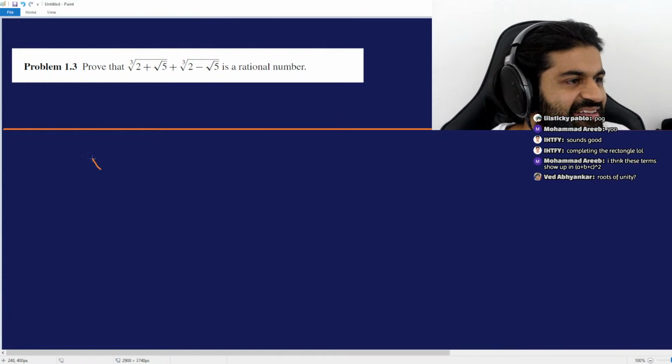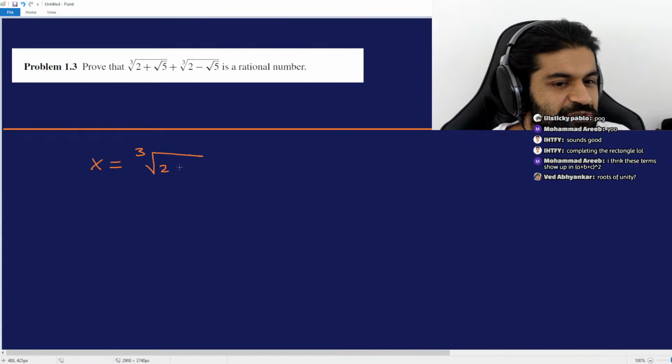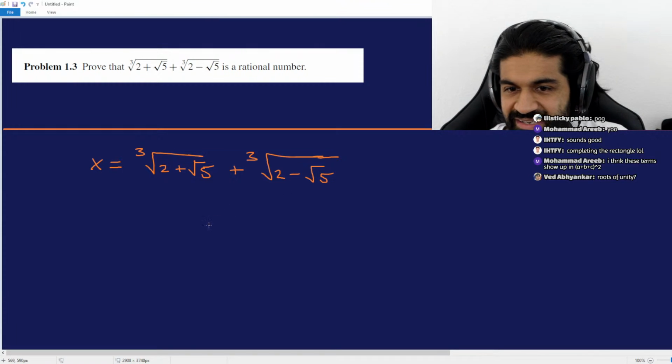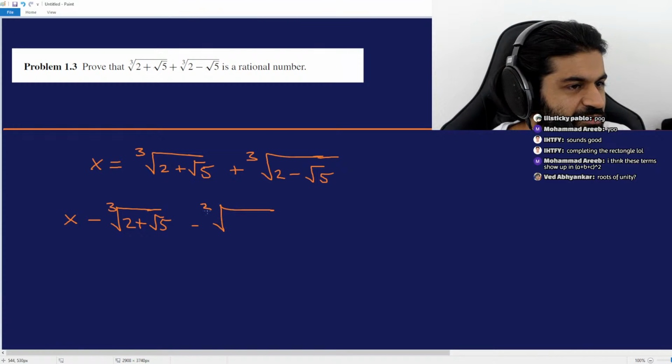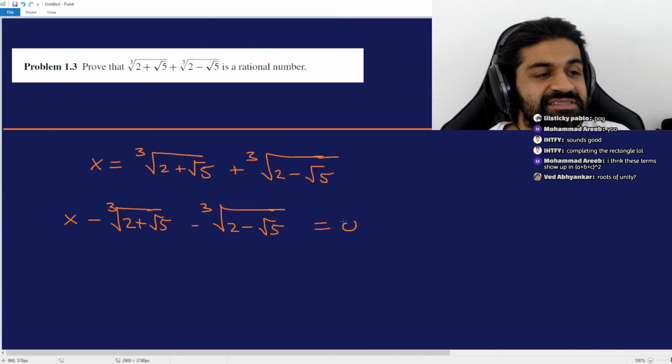If you set x equal to the cube root of 2 plus root 5 plus the cube root of 2 minus root 5, then x minus the cube root of 2 plus root 5 minus the cube root of 2 minus root 5 is equal to 0.